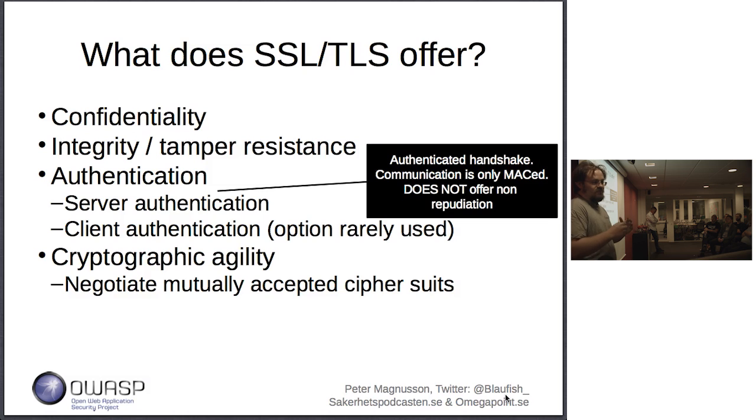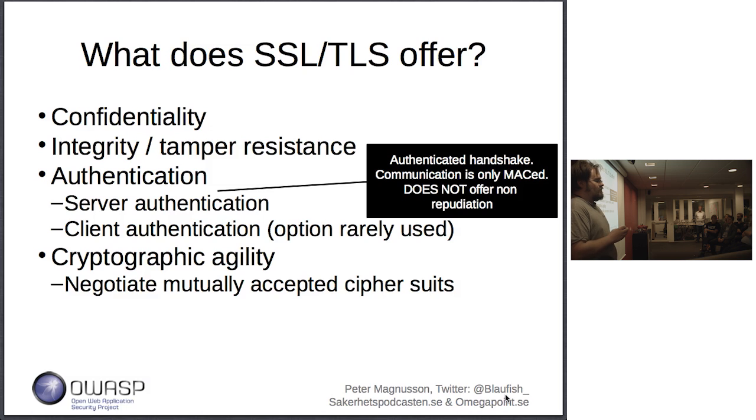So this protocol is trying to give us some classic security properties. For example, it's trying to give us confidentiality. That means that it's trying to prevent eavesdropping. It's also trying to prevent someone from modifying the traffic.